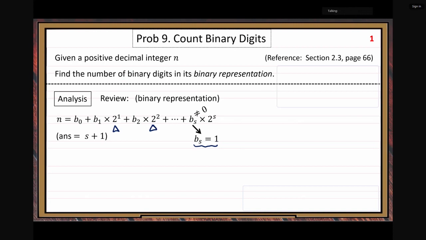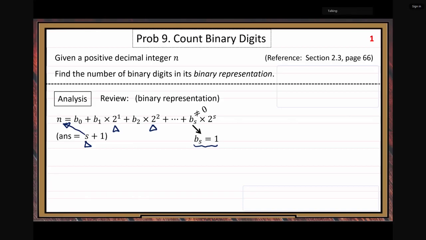But the question is that we need to write s in terms of n. So in our answer, we can only use the input number n. S is an intermediate variable, and you cannot use an intermediate variable in your final answer.